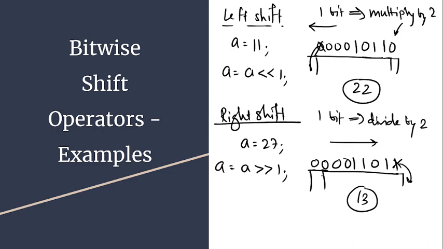So whether the new digit would be 0 or 1, that depends on the original sign bit. So if the original sign bit is 1, the padded digits would be 1. If the original digit is 0, it will be 0. Now this is normal signed right shift. What is unsigned right shift? As the name suggests, unsigned right shift.